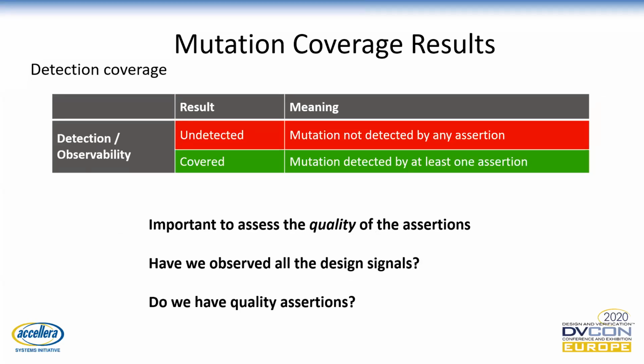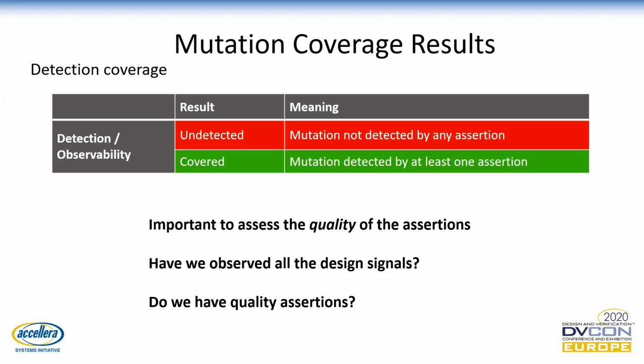Now on the detection side, so how we do the analysis and how we classify the metrics. We assess the quality of the assertions by highlighting the source and applying this mutation analysis, and the results can have two outcomes: covered and undetected.